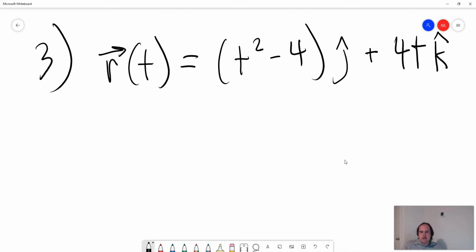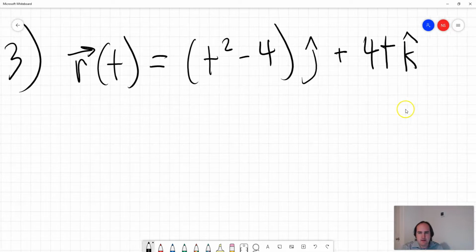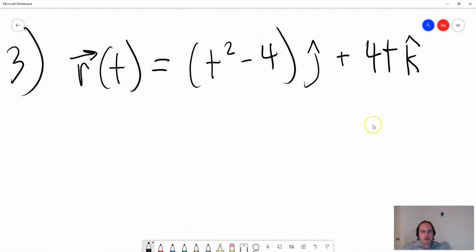Okay, so r of t equals the quantity t squared minus 4 times j plus 4t k. All right, and they tell us that t goes from -2 to +2.